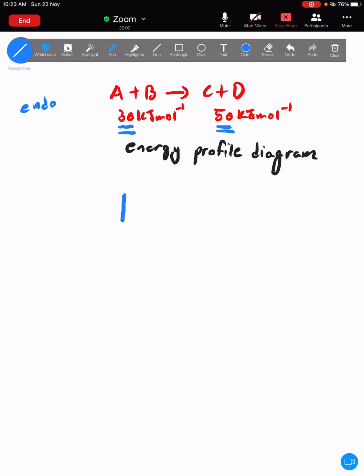So by looking at here, this is your energy, which is kilojoule over mole. And of course, you will agree with me, the 50 is somewhere around here and the 30 is somewhere around here. In this case, the reactant becomes the product. So this is your reactant and this is your product.